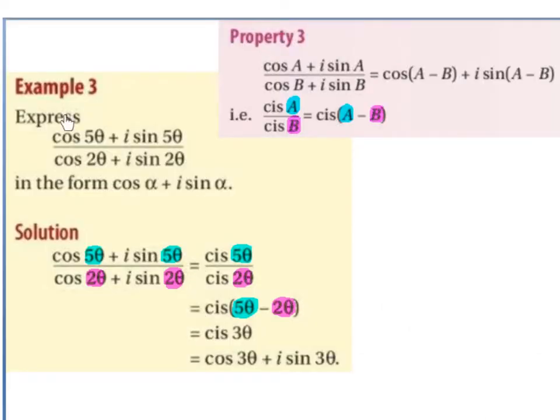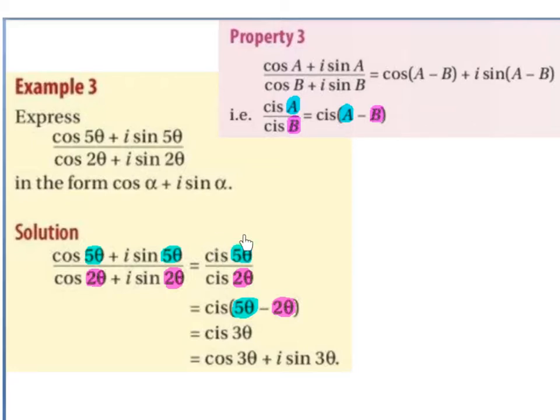Example 3. Express cos 5 theta plus i sin 5 theta divided by cos 2 theta plus i sin 2 theta in the form cos alpha plus i sin alpha. So we're going to use property 3 to help us with this. Cos 5 theta plus i sin 5 theta can be simplified to cis 5 theta, and cos 2 theta plus i sin 2 theta can be simplified to cis 2 theta.